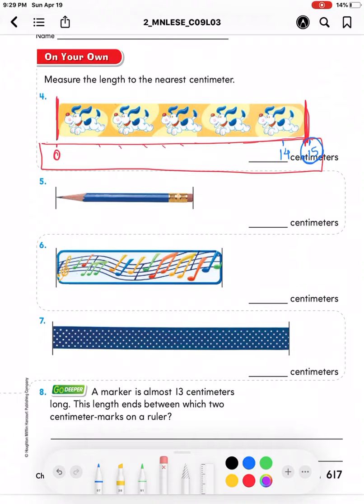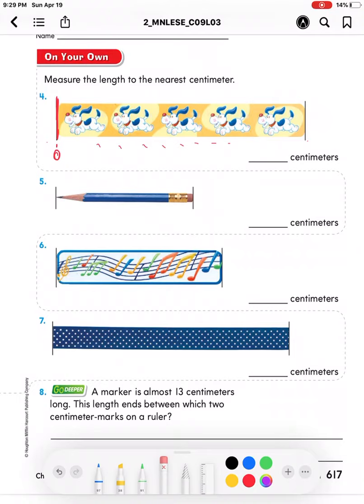So let's erase all of this, use your rulers as I told you now, and let's measure it together. Now, when I measured this, I find out that this object is 15 centimeters.